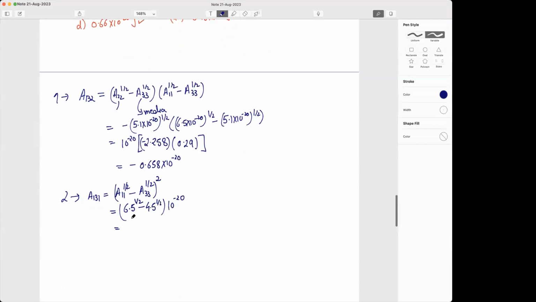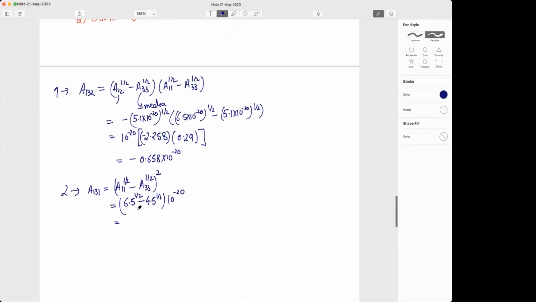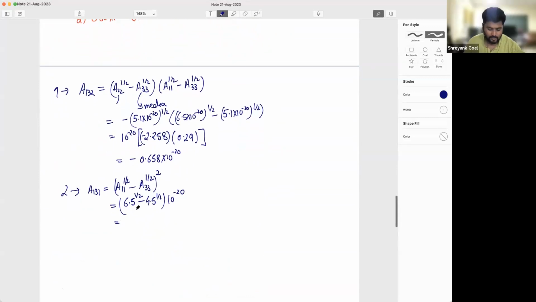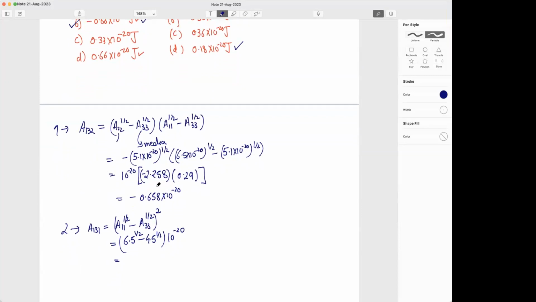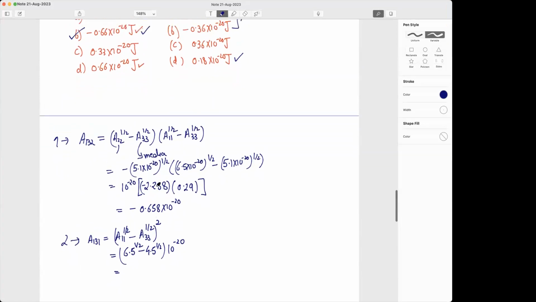Okay, so 6.5 to the power half. What did you get? 6.5 minus the root of 4.5, so it becomes 0.425 whole square, sir.